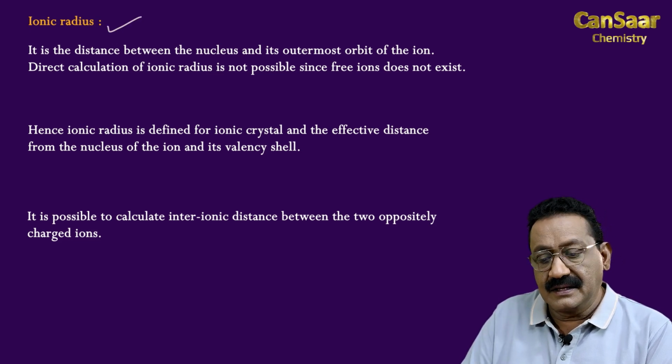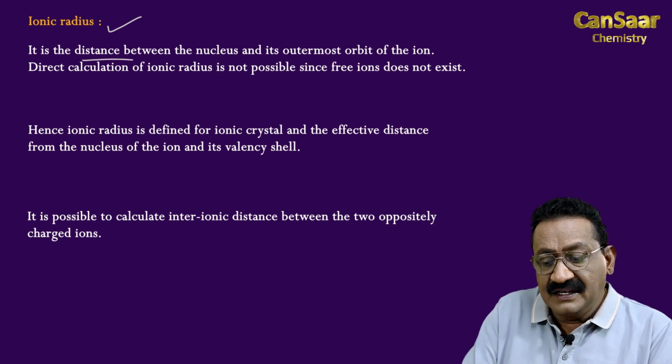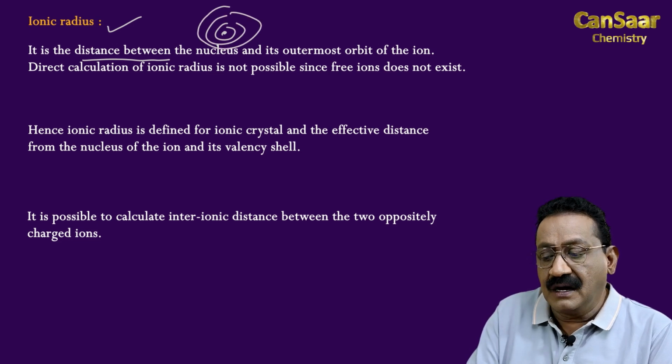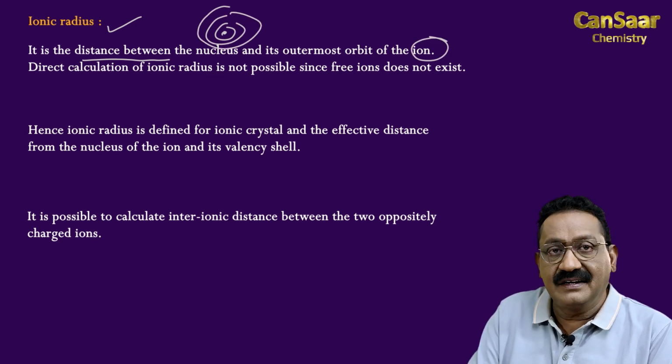Ionic radius is defined as the distance between the nucleus and the outermost orbit of the ion.